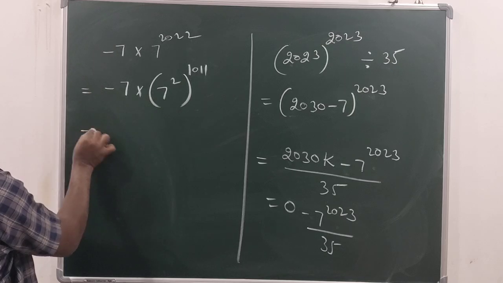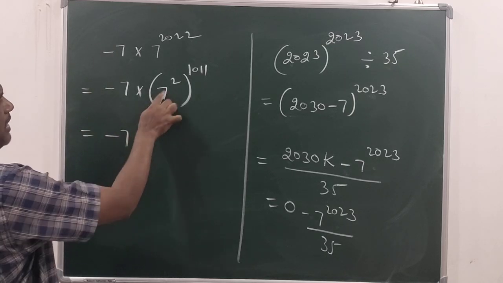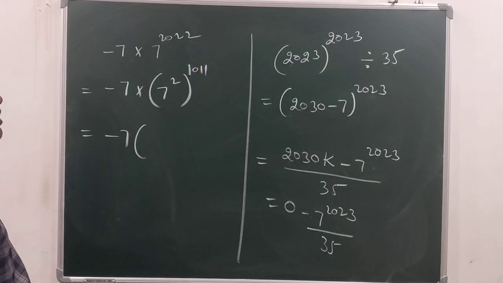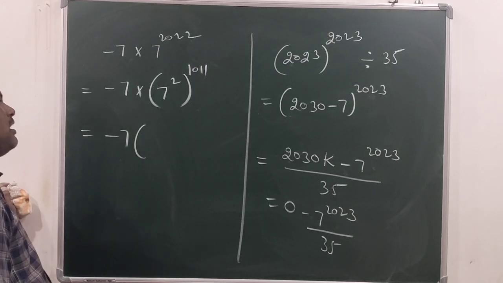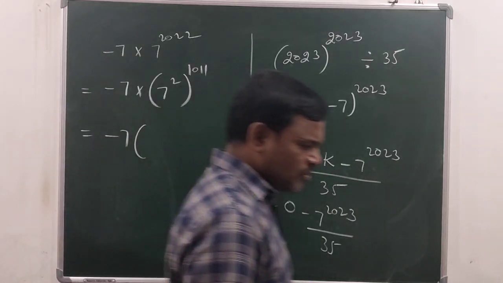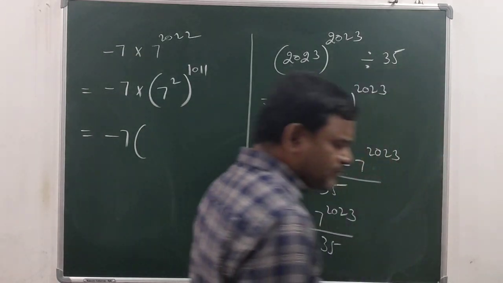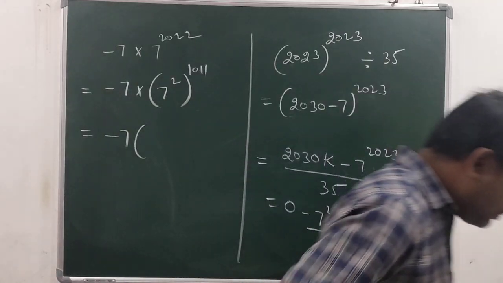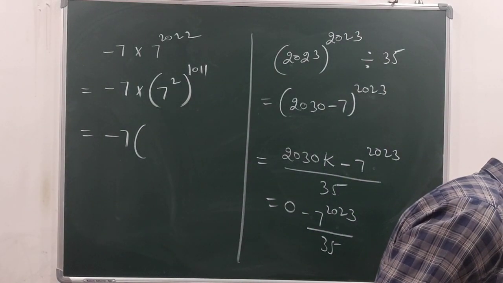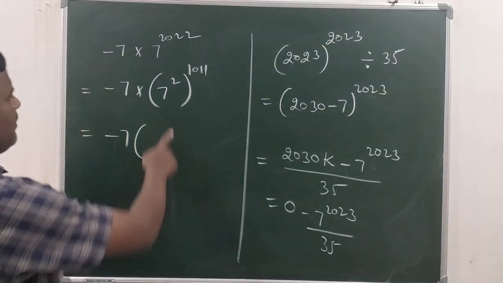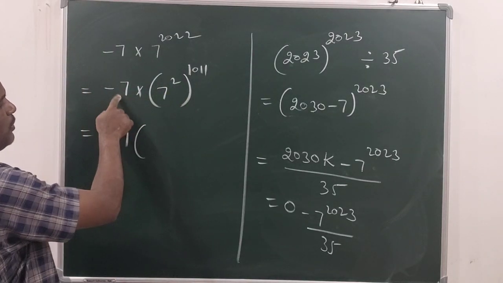In the next step, I am going to split this as 7 square, 49. So 49, how can we write? Here 35 is there. So 35, okay students, you can write 7 square, because before this 7 is there.